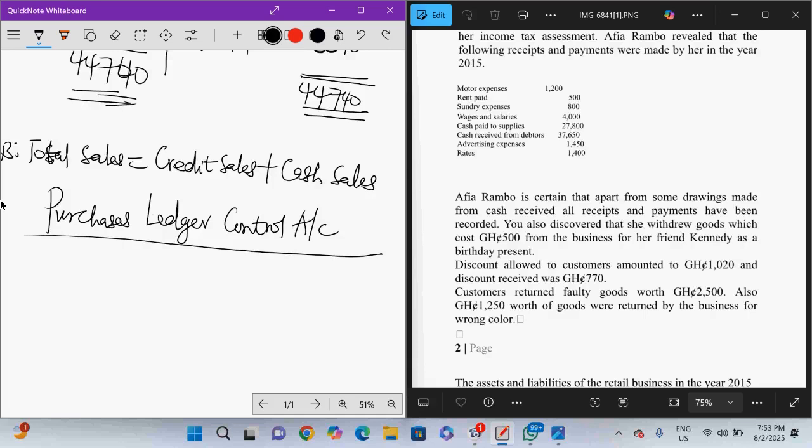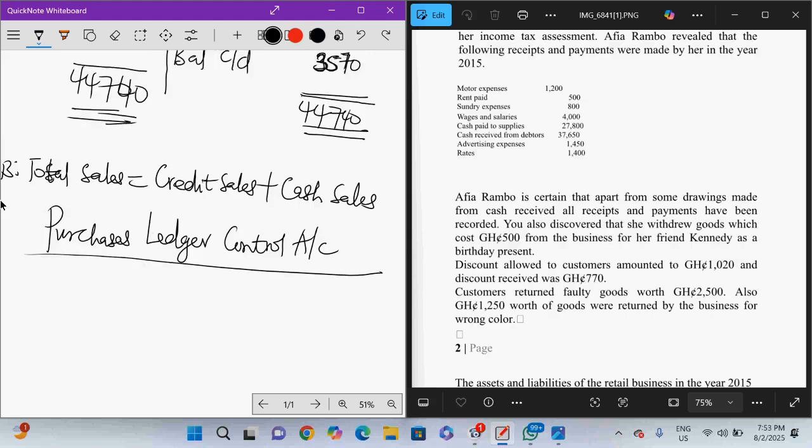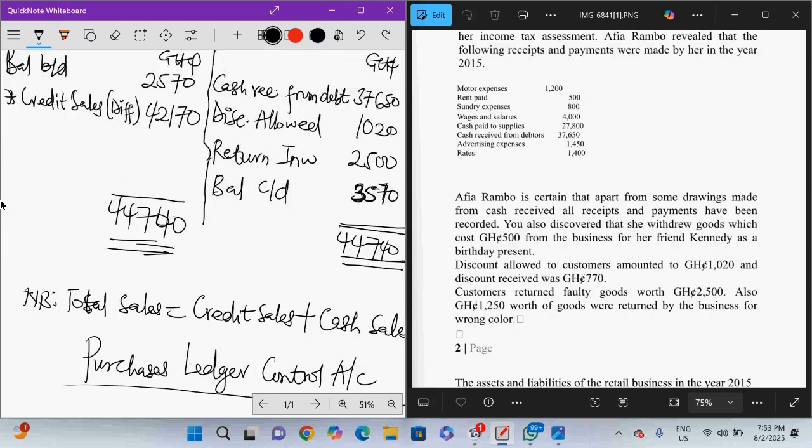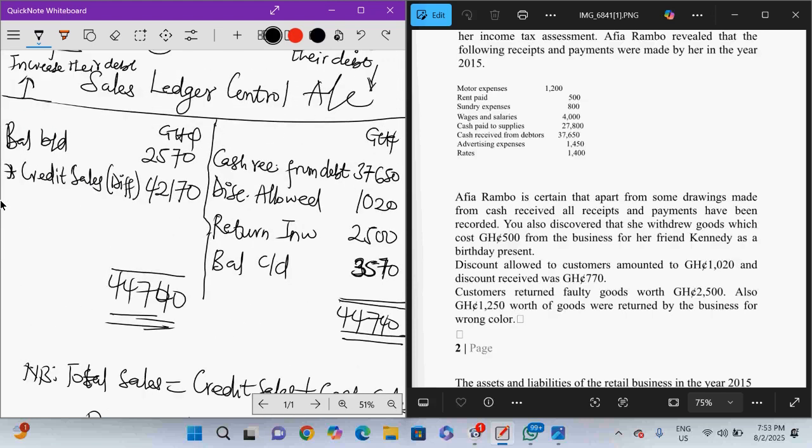You record them as sales because you have sold your goods, but you have not received the money for it. And some of them, when you sell, you receive cash. So the total sales is the credit sales plus the cash sales. So the control account, whatever we are doing here, we are doing it to get the credit sales, the sales that we are here to get the money for.